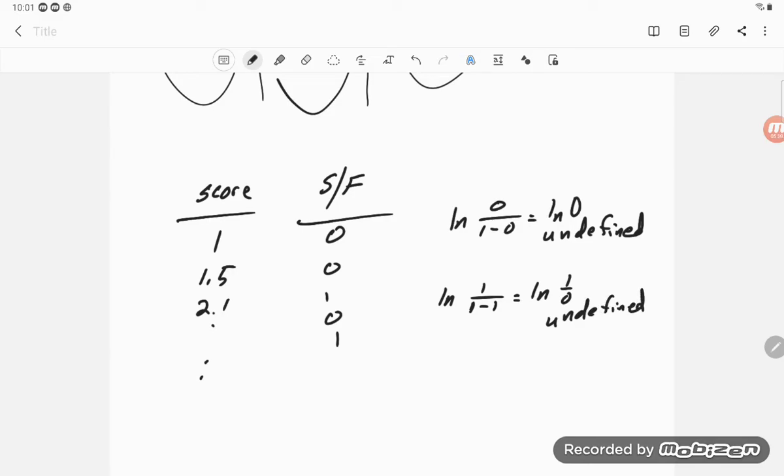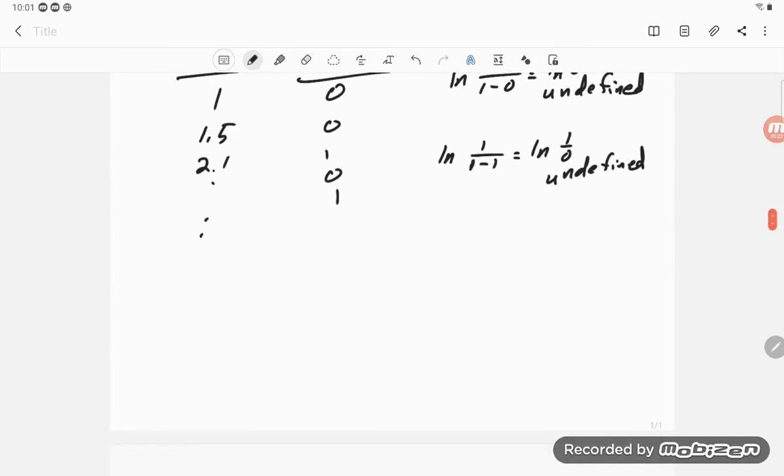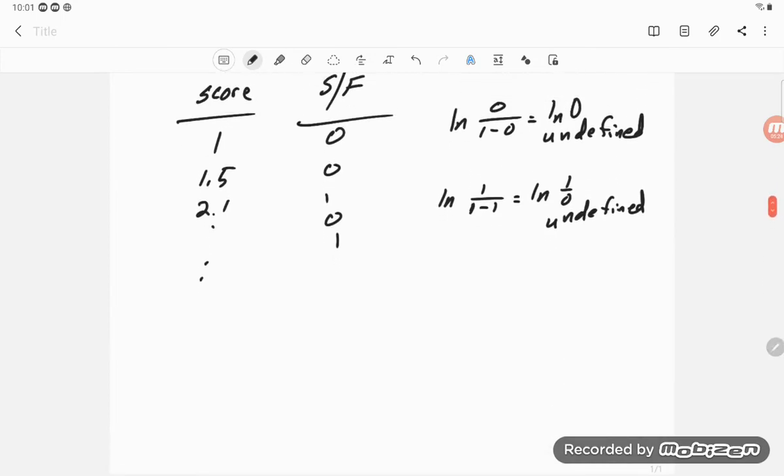And so if your data are these zeros and ones, you have a problem in doing it with this particular transformation. Now, the more sophisticated software will handle the zeros and ones just fine, and you won't ever know the difference.